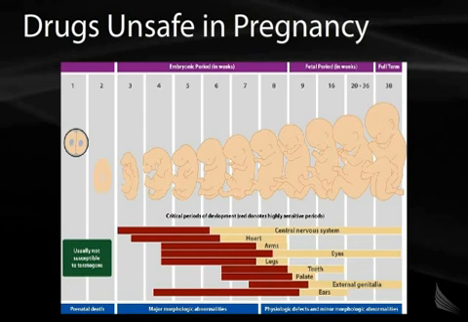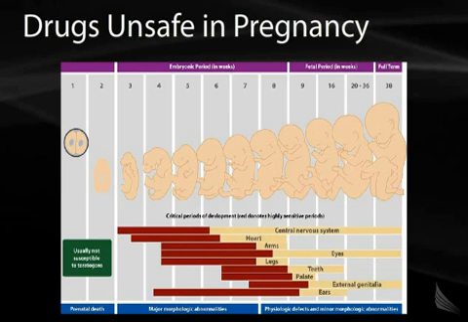This is a diagram that shows that as the fetus ages, to the right, there are certain times during which the fetus is more or less susceptible to developmental problems. During the first 2 weeks, the fetus is pretty much not susceptible to teratogens. However, during weeks 3 to 8, the fetus is highly sensitive to teratogens. You can see the different systems here.